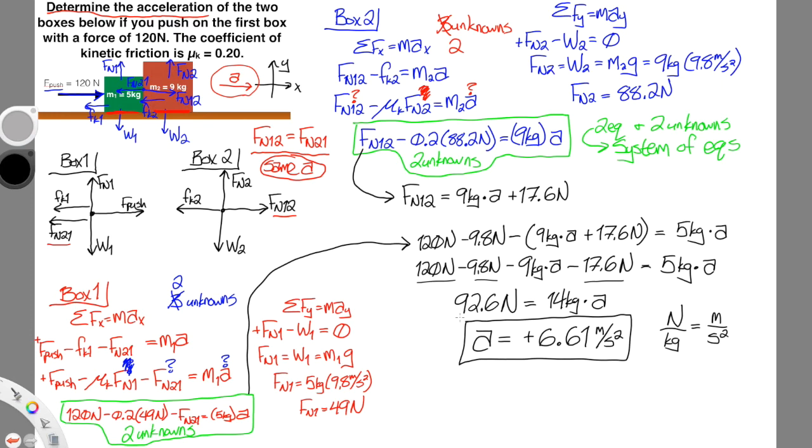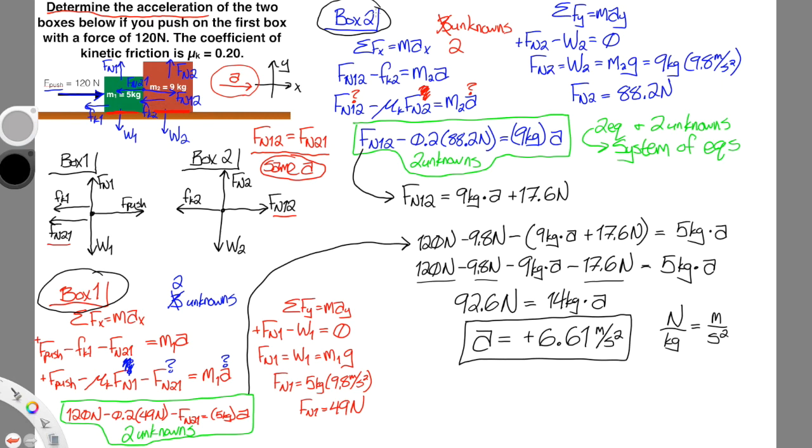However, this isn't the only way we can do this problem. In this problem, we had two systems. We looked at box 1 as a system and looked at only the forces that act on box 1. Then we looked at box 2 as its own system and looked at only the forces acting on box 2.